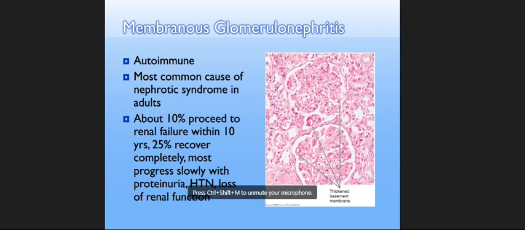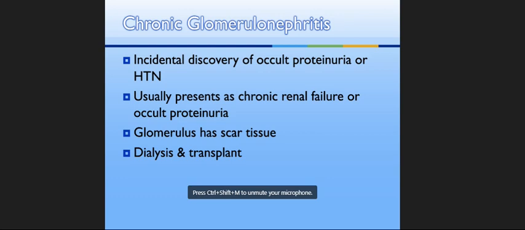Let's speak about what's called chronic glomerulonephritis, which we said yesterday is the third cause in etiology of chronic kidney disease. Incidental discovery of occult proteinuria or hypertension.